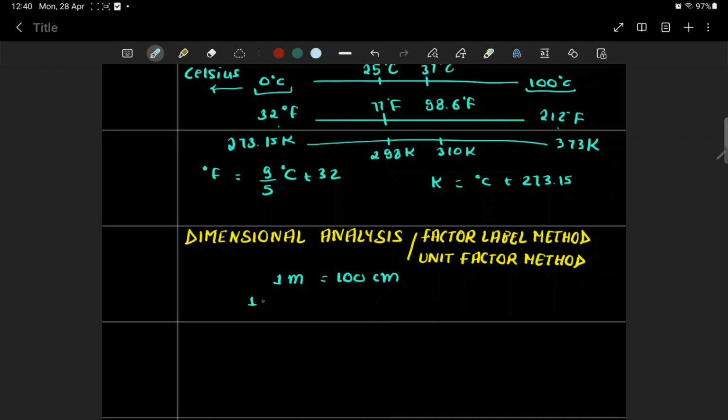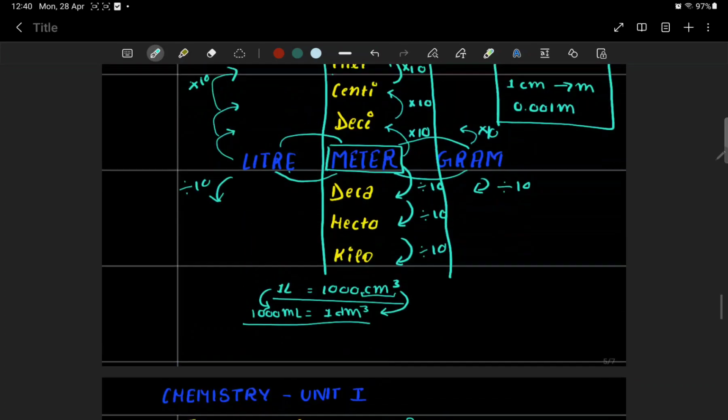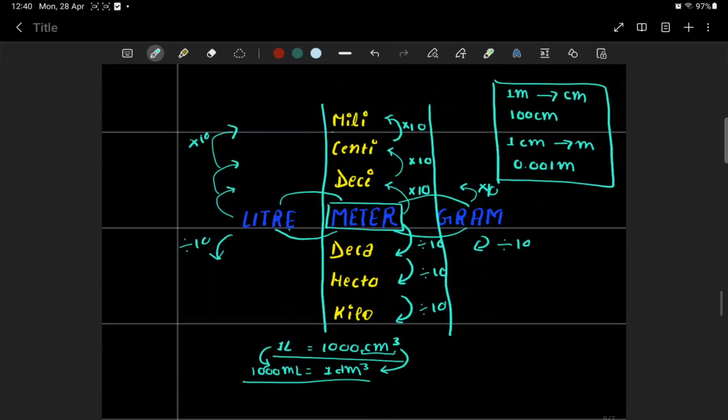So 1 meter divided by 100 centimeter is equal to 1, and 100 centimeter by 1 meter. So this would be a unit factor relationship. But normally we have already looked at how we can perform unit conversion.